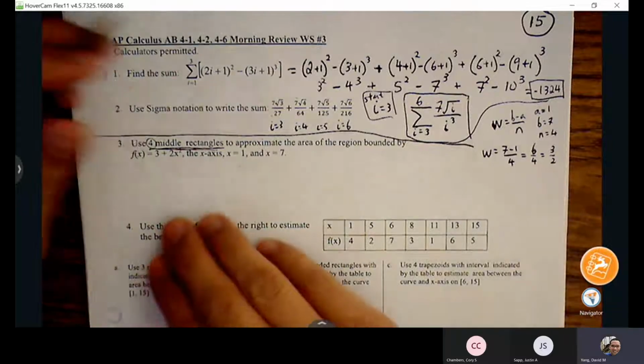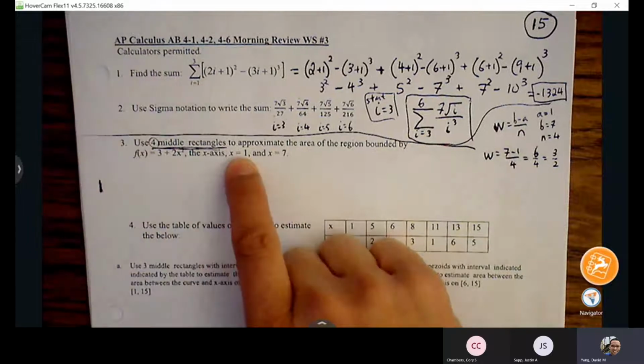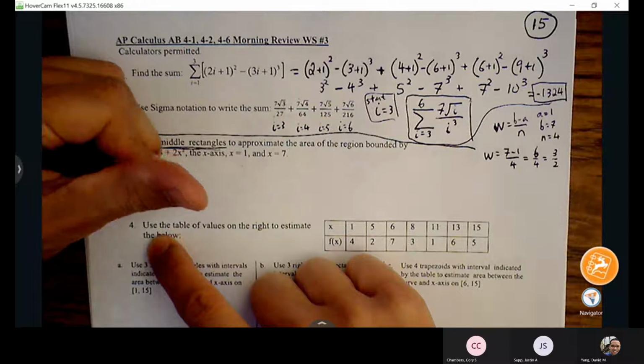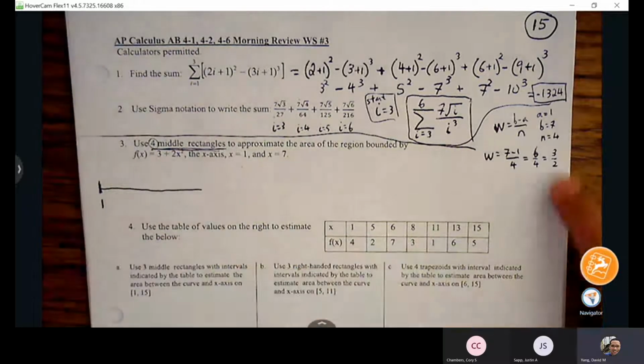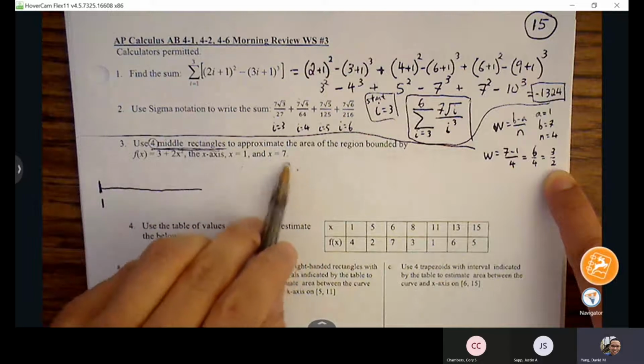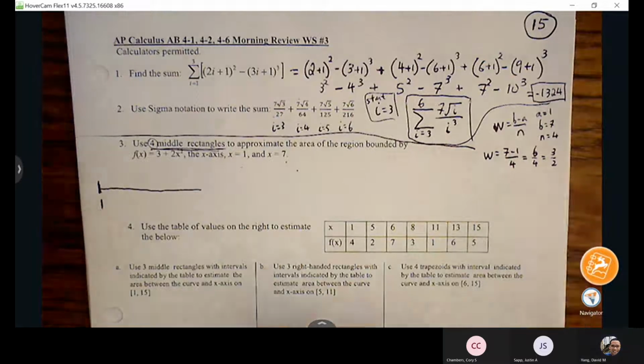Okay, so now that we have our width, we're going to build our subintervals. We're going to start at 1 because 1 is the left endpoint. And we're going to keep adding 3/2 until we reach our final destination, our right endpoint of 7. So 2/2 plus 3/2 is 5/2.